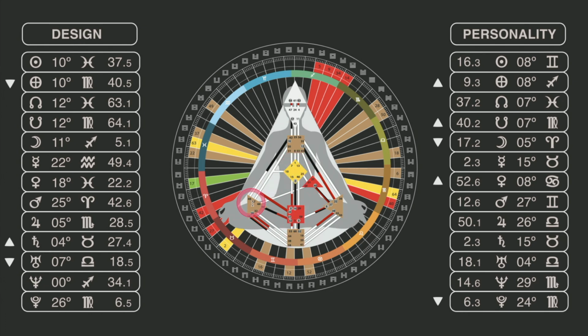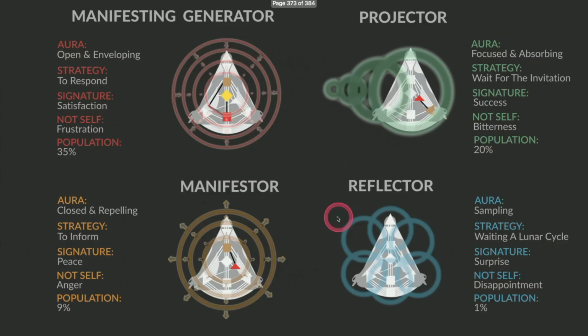We learned what we have through definition that's available. We learned where we are open to wisdom and also prone to being conditioned in our open centers, right? And this is the fundamental insight of the human design system, right?